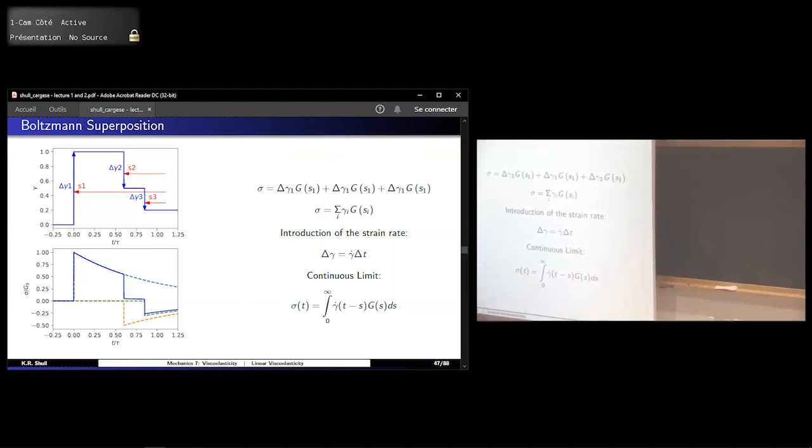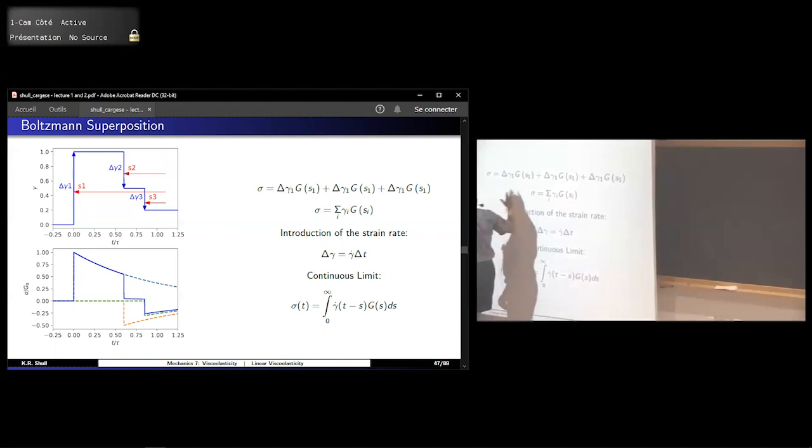So S is a time variable. I start here. This first one has had this time S1, that much time to relax. So it starts here, relaxes to here. Then I bump down here. Now there's a negative component to the stress that I'm putting in. That's had S2 to relax. And then another one here, S3.